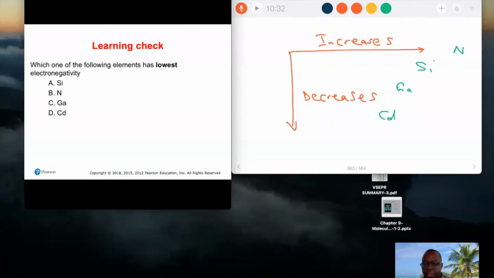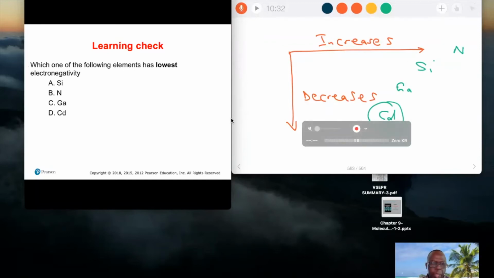You can circle on the periodic table to answer a question similar to what you see here, to see which one has the lowest. If I look at that, this will be the correct answer based on the position where they are.